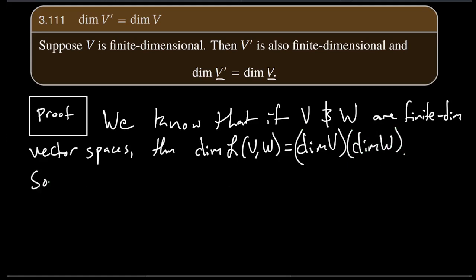Okay, so if W is equal to the field, the dimension of W, which is just the dimension of the field, is 1.